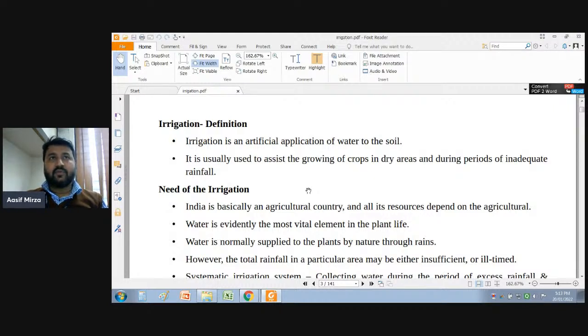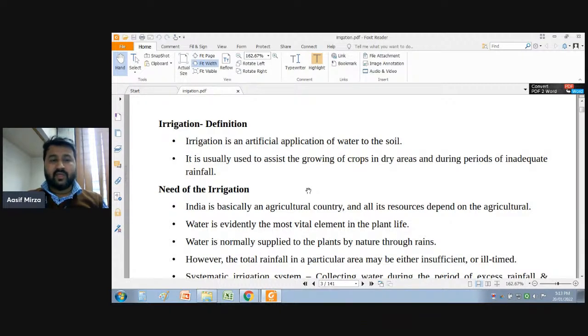So we have to store the water artificially or in any other form and provide it to the soil for the growing of the crops. It is usually used to assist the growing of crops in dry areas and during periods of inadequate rainfall.